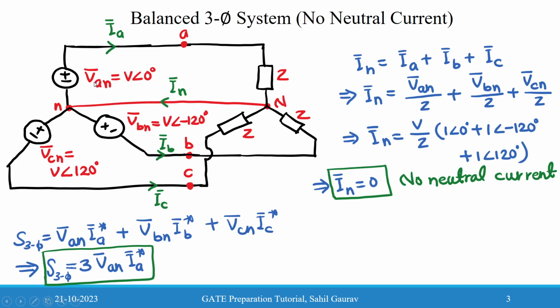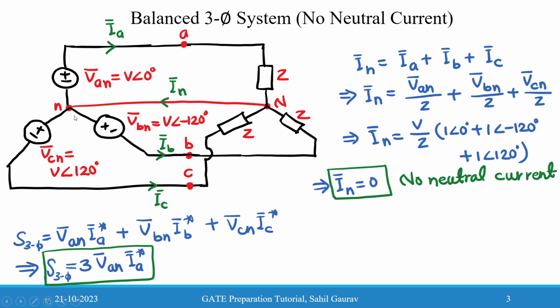Therefore, we can write VAN is equal to V at the angle of 0 degrees, VBN will be V at the angle of minus 120 degrees, and VCN will be V at the angle of 120 degrees. These are phase voltages. Now, these are connected to a balanced load having equal per-phase impedance, that is Z. So this is the balanced three-phase system.